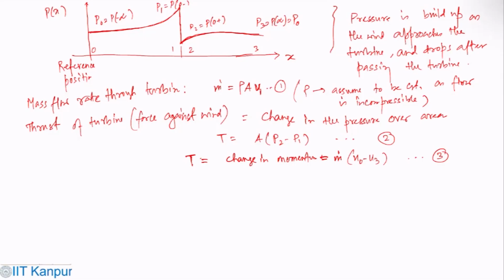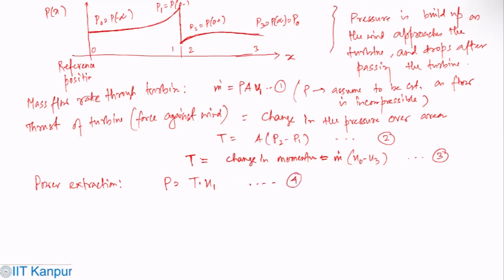Now we get the power extraction. That is P equals thrust times U1, which we can call equation 4.